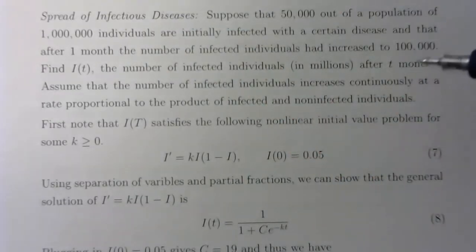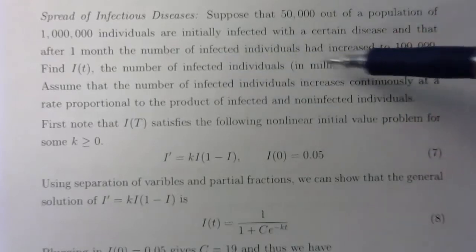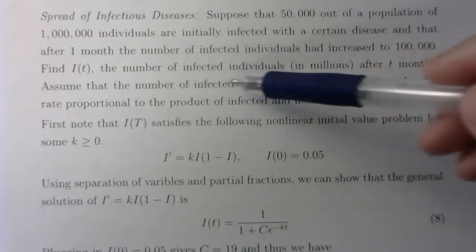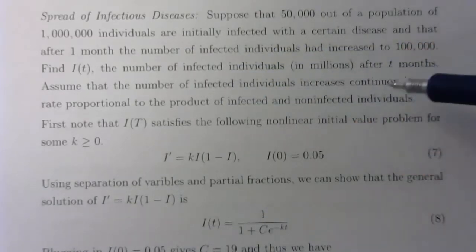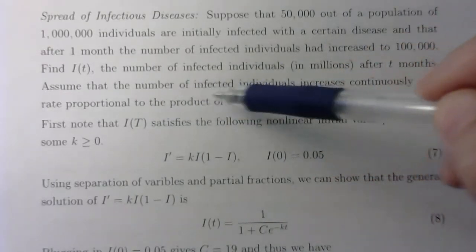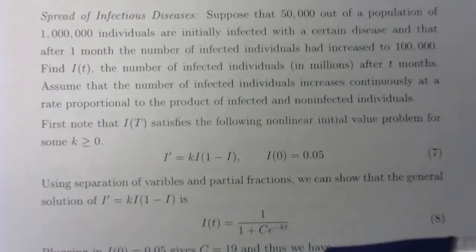And after 1 month, the number of infected individuals has gone up to 100,000. So let's find the number of infected individuals in millions after 2 months.